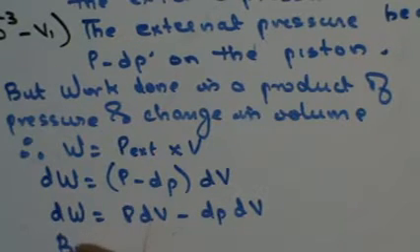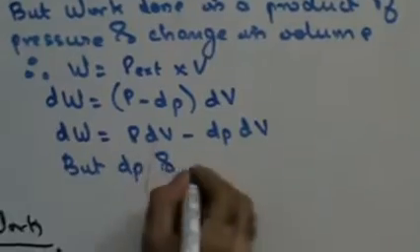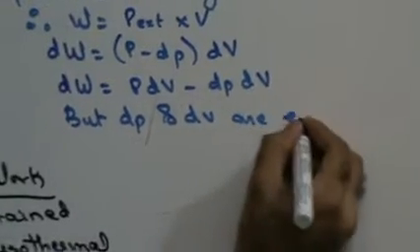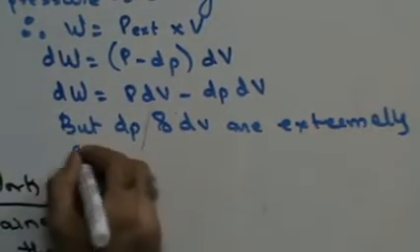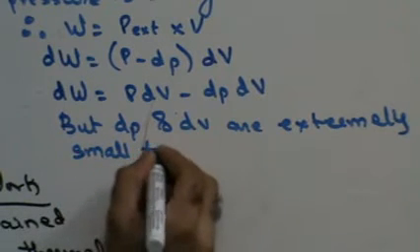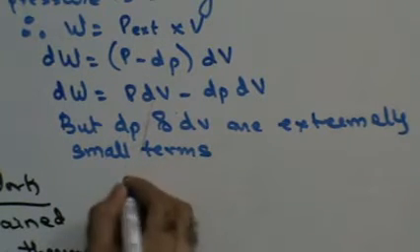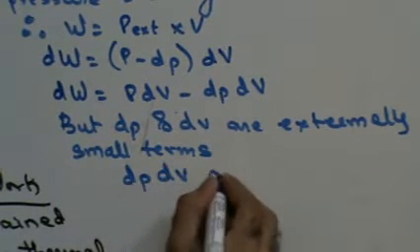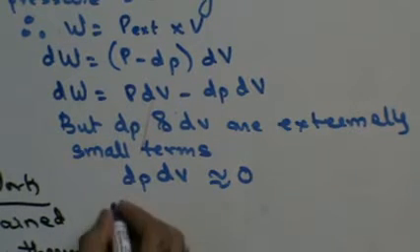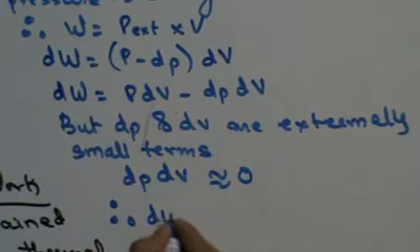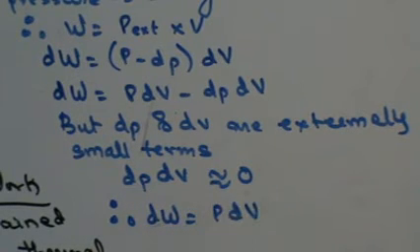But dP and dV are extremely small terms. Since they are extremely small, their product will approximately be equal to 0. Therefore, the work done is P dV.